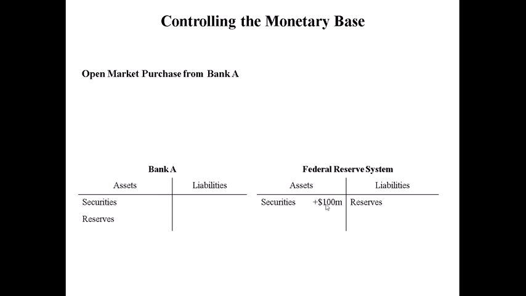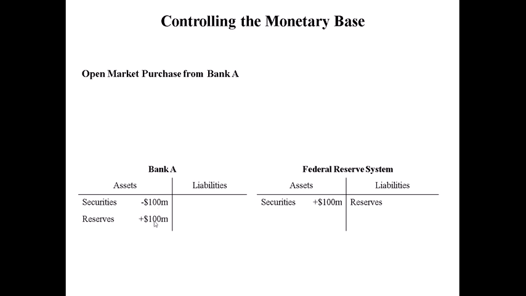So in the Fed's balance sheet, securities rise, in this case, by $100 million. Likewise, at the same time, this bank is giving the Fed its securities in the amount of $100 million. So you see securities fall in value by $100 million in Bank A's balance sheet.